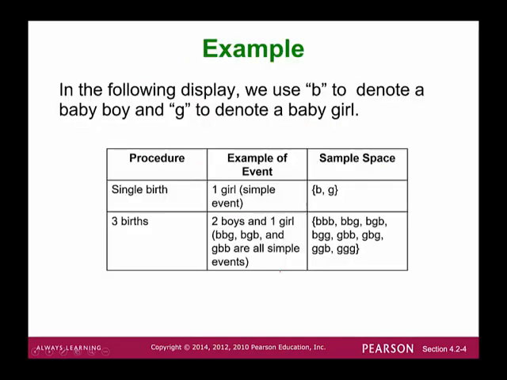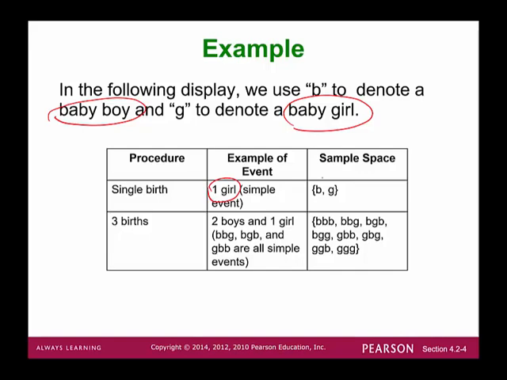Alright, so now let's take a look at this example. Let's say we use B to represent a baby boy and G to represent a baby girl. In the following example, if you look at a single birth, a single child, one girl is a simple event.